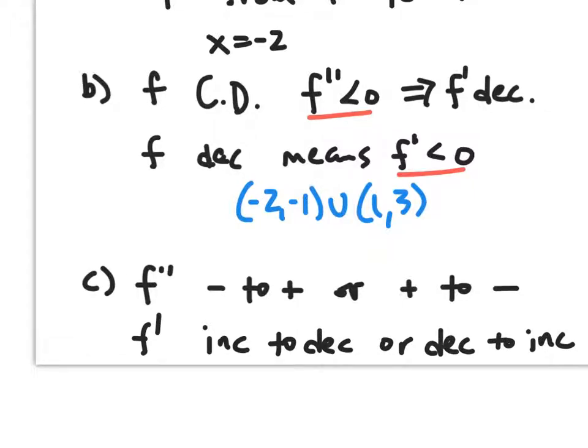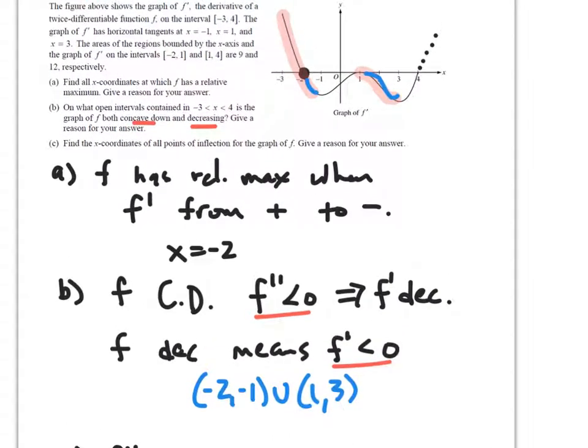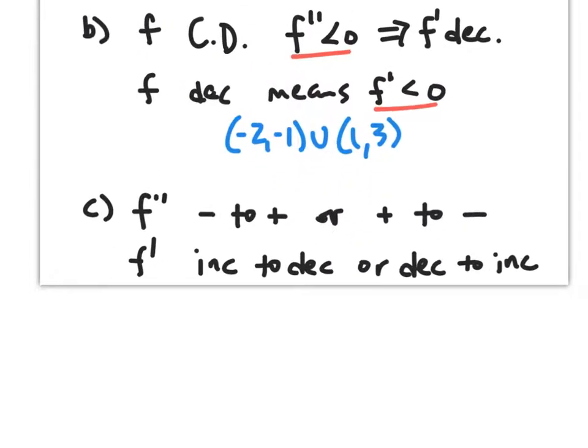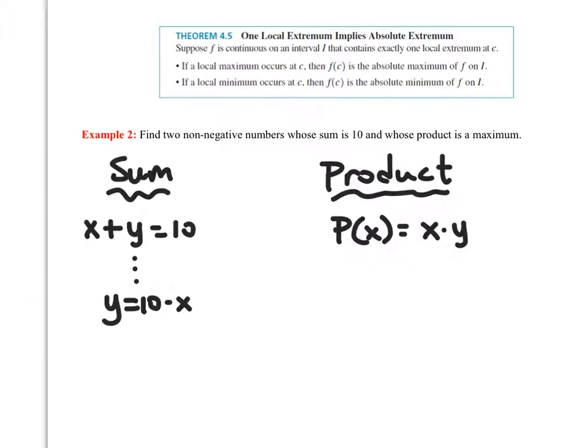So on our graph, we can see that f double prime changes from negative to positive there, positive to negative there, and negative to positive there. So we would have points of inflection at -1, 1, and 3. So x equals -1, +1, and +3.